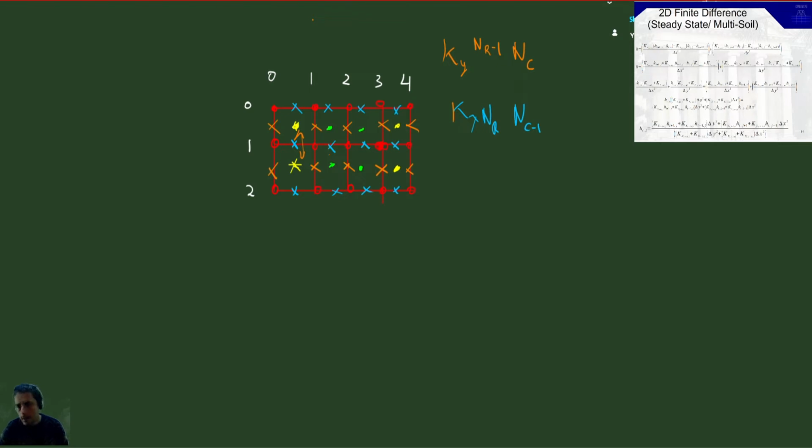Okay, averaging horizontally, and we should have one less row. And to keep things consistent with how they were in the other one, we're just moving this up by one.